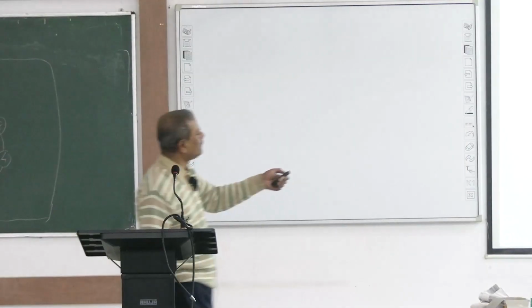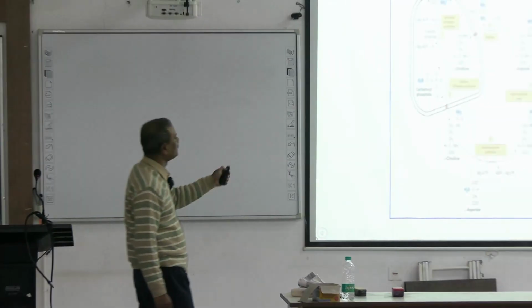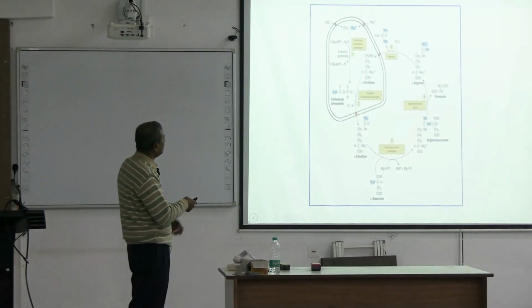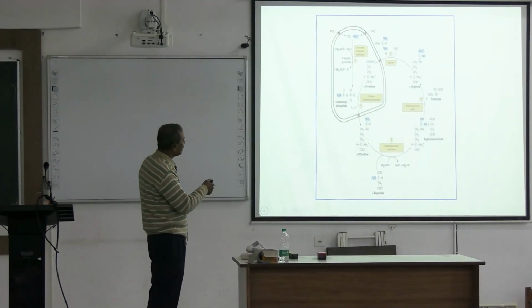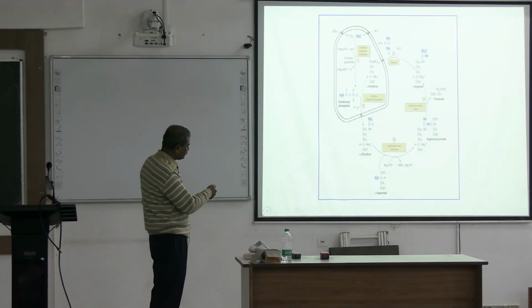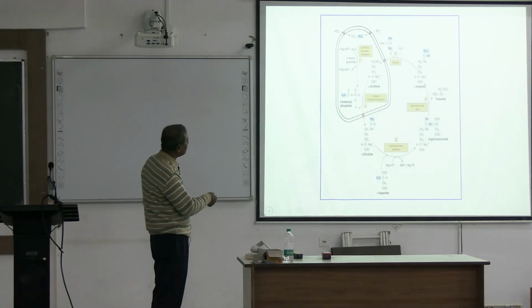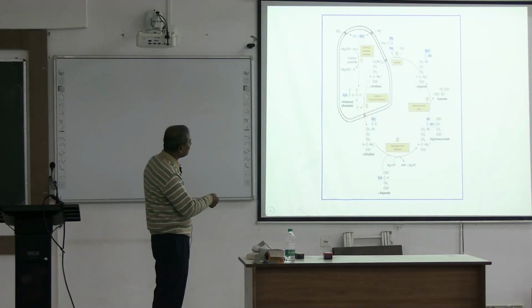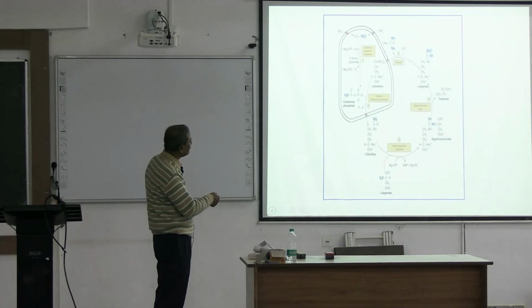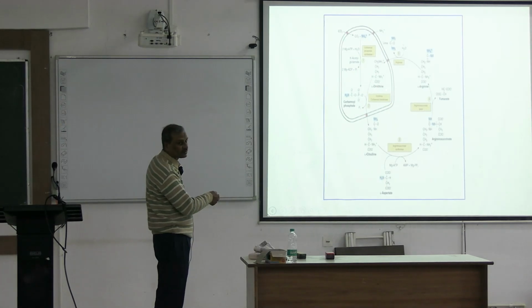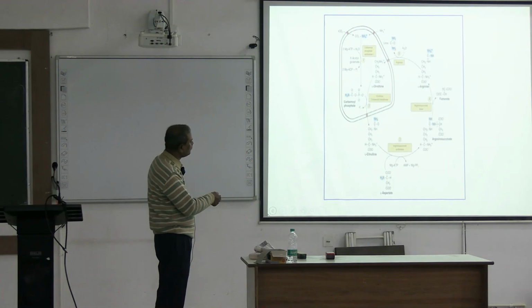Now you see what I have written here. First step. I will make it more visible. You can see these two steps, first and second, are within the mitochondria. Note down here, ornithine is a substrate. It is not the product. The product is citrulline.